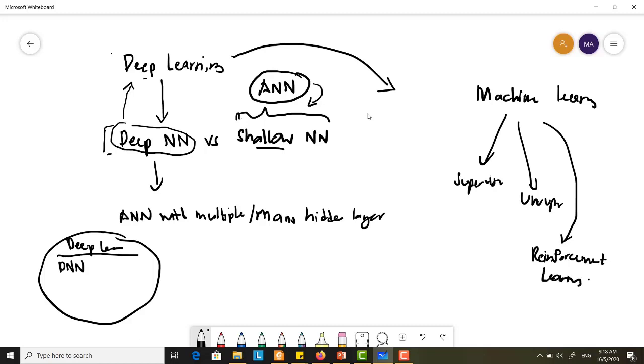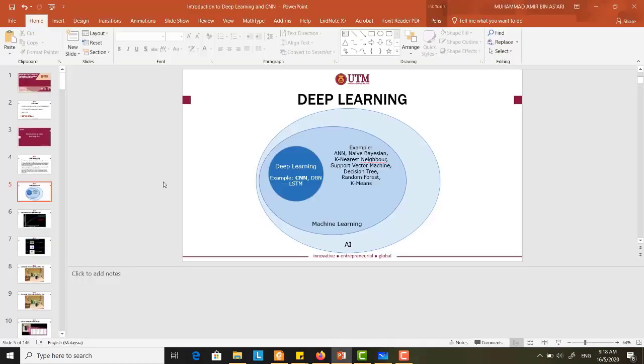For each category here, ANN is supervised, Bayesian is supervised, K nearest neighbor is supervised learning, SVM is supervised learning, decision tree is supervised learning, random forest is supervised learning.